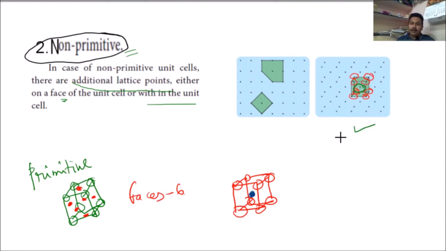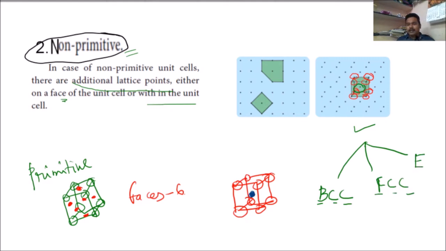In non-primitive, we are going to study 3 different unit cells: the body centered cubic cell, the face centered cubic cell, and the end centered cubic cell. These 3 types we are going to study in non-primitive.